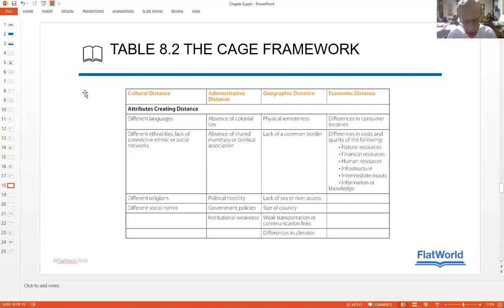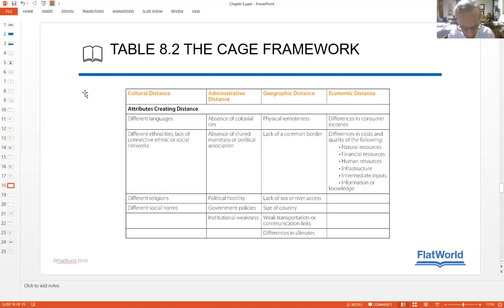So to the extent that there are shared monetary or political conventions, that shortens the distance or lowers the barrier. On the other hand, in the case when those colonial ties don't exist, then there's a distance that separates the home country from the target country.